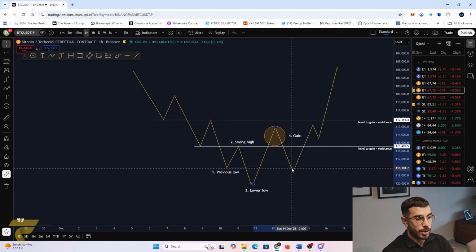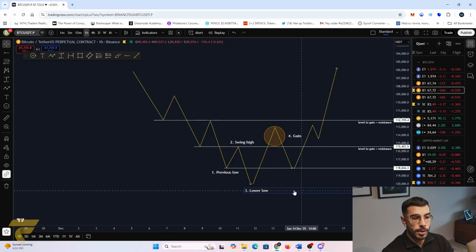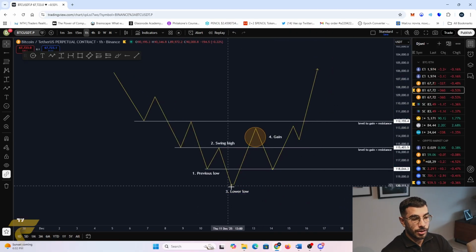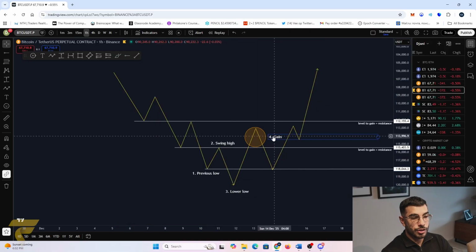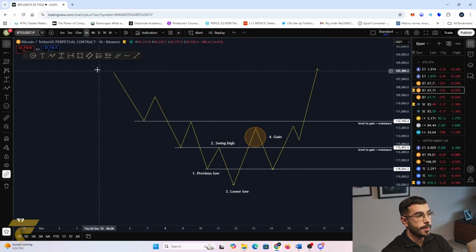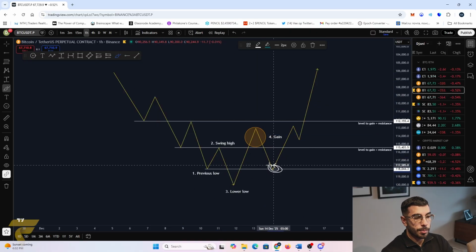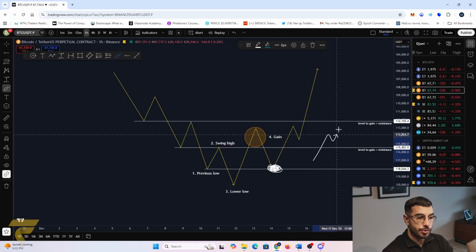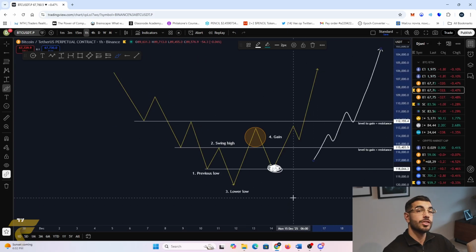Even though it's a probability and we are never working with guarantees, we can make the assumption that after creating the lower low and also having the confirmation of the gain, we are very interested in taking a potential trade, because with the previous components, this allows us to make a well-informed decision, and we can make an educated guess that price from this point potentially reverses from trend, and you go from a downtrend to an uptrend.